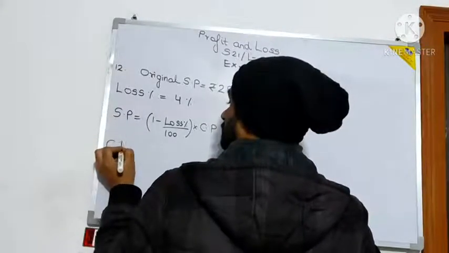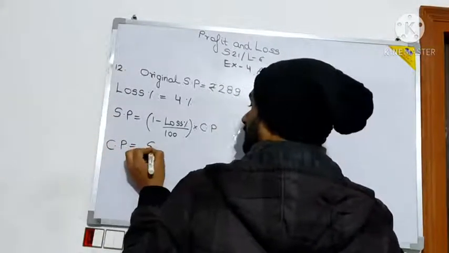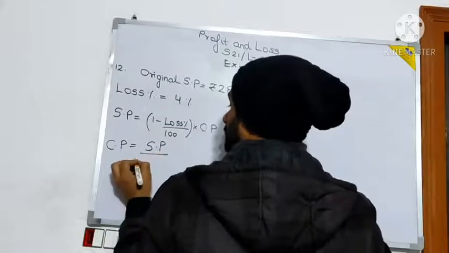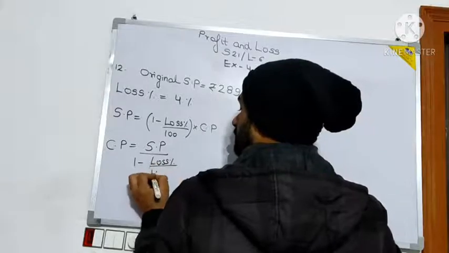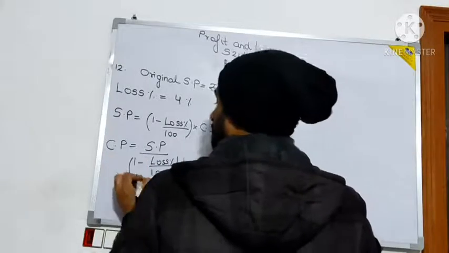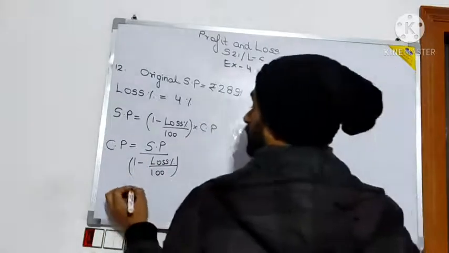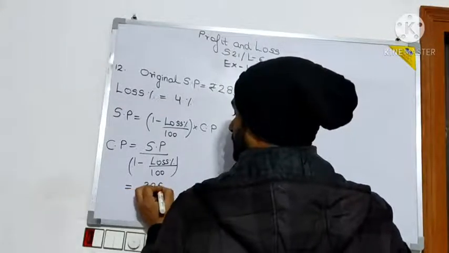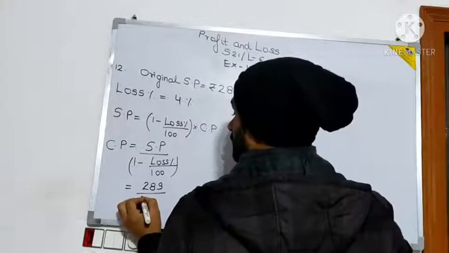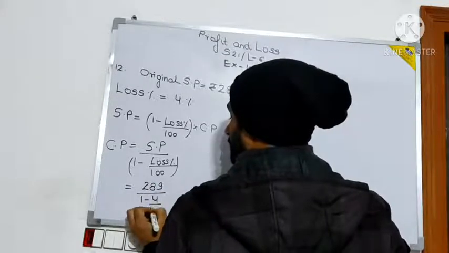CP will be equal to SP upon 1 minus loss percent upon 100. Let's put the value here: 289 upon 1 minus 4 by 100.